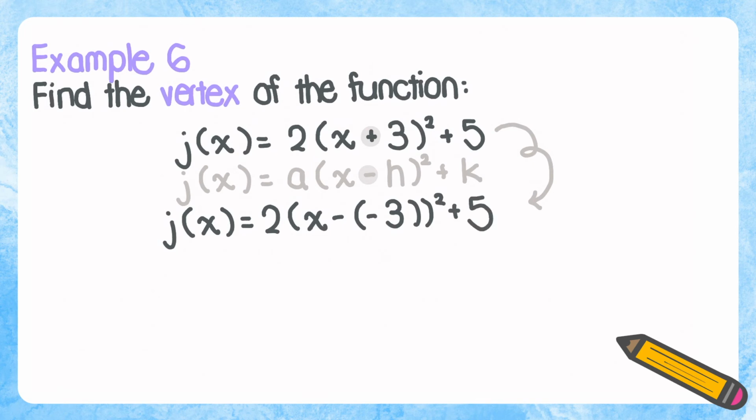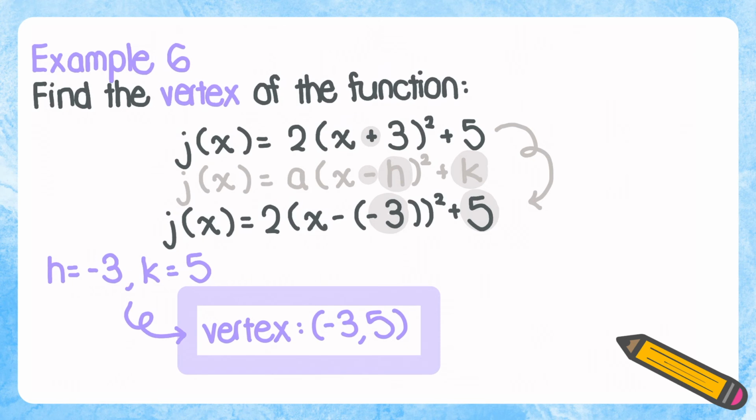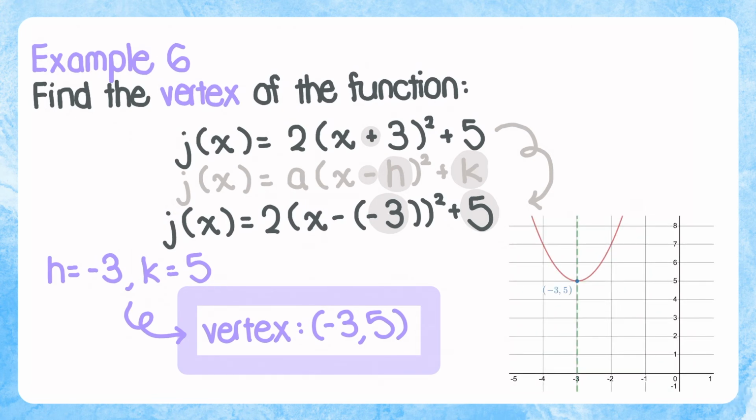Now we have an exact match, so we see that h equals negative 3 and k equals 5. Again, h equals negative 3 and k equals 5. The vertex is the point at negative 3, 5. For this example, I used the idea of a double negative to rewrite the function. Notice here, our vertex is at negative 3, 5.